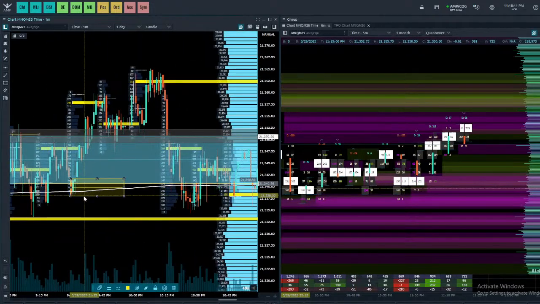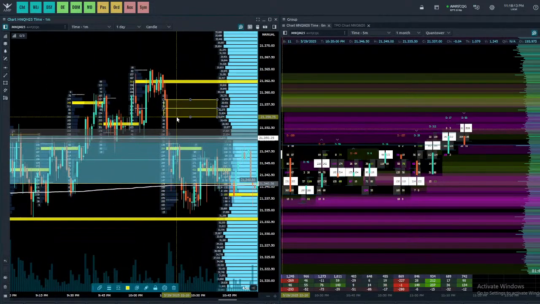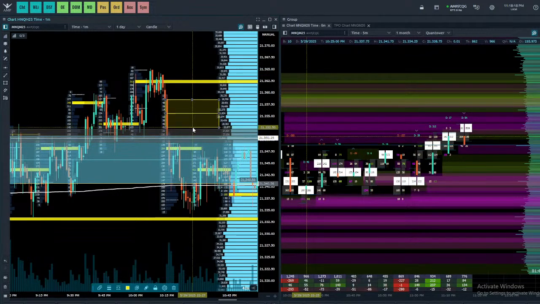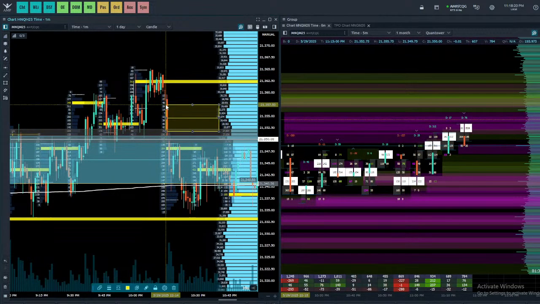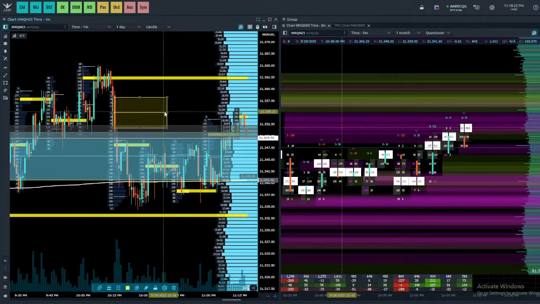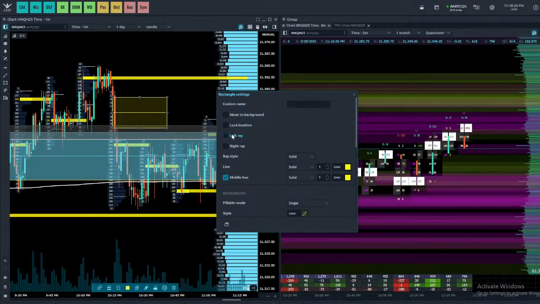Hey, low key, I'm catching on. I'm catching on to these fair value gaps and shit, now that y'all pointed them out to me. Dang, the fact that y'all look at all of that.